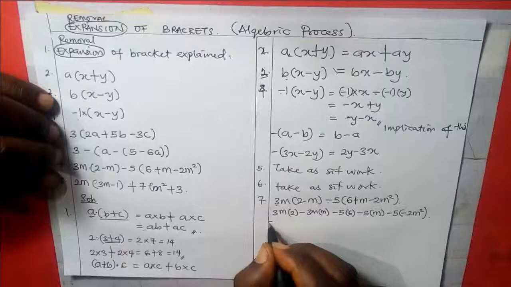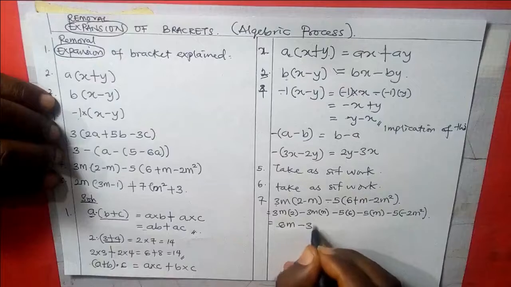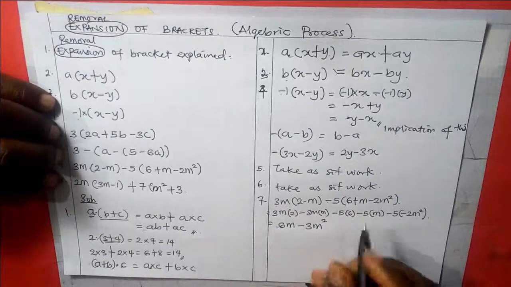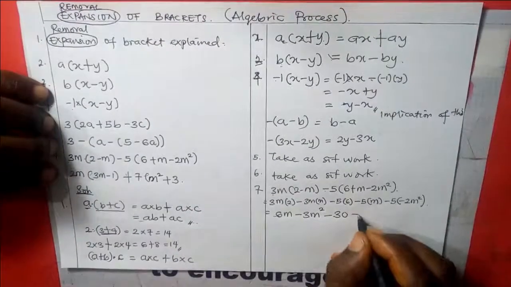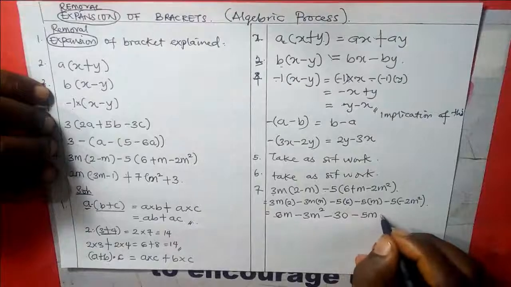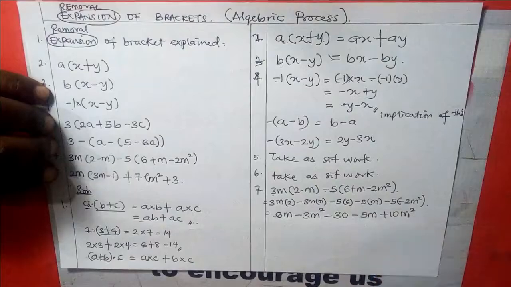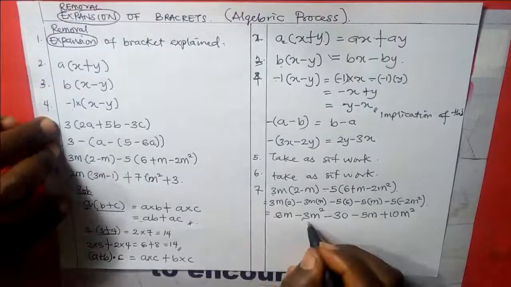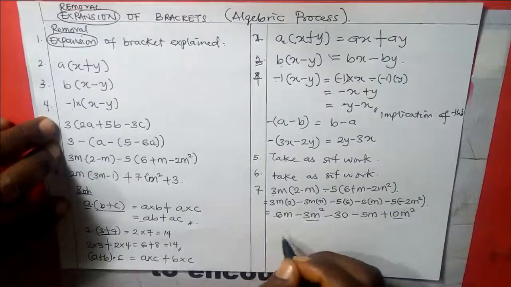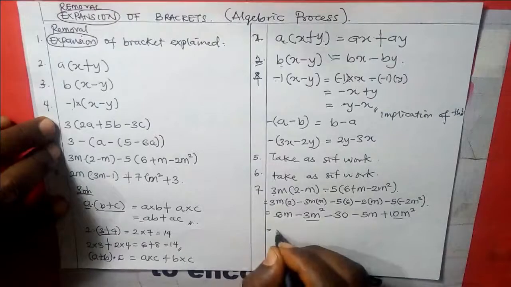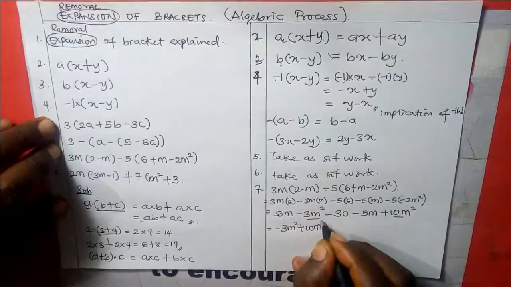So with that I have 6m minus 3m square, minus 30, minus 5m, and plus 10m square. So collecting like terms. What are the like terms? I have this and this to be like terms, which gives negative 3m square plus 10m square.